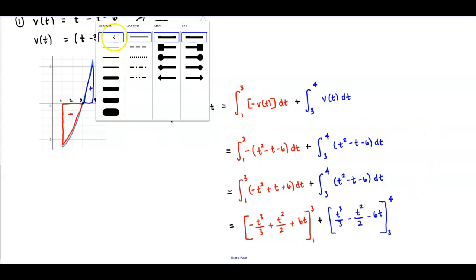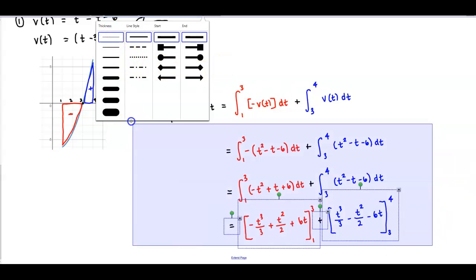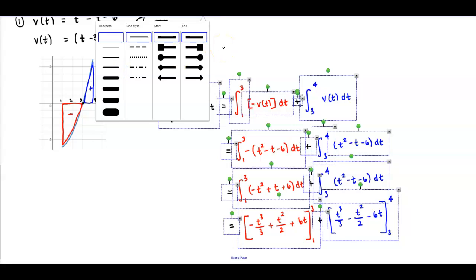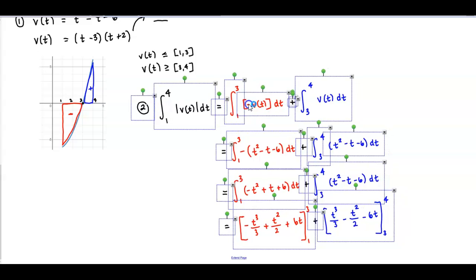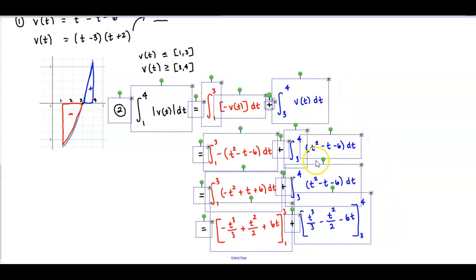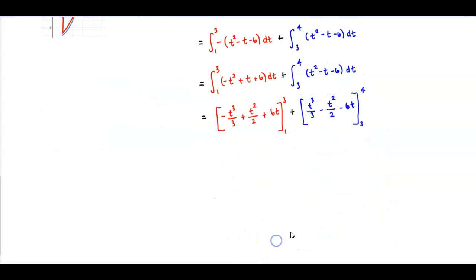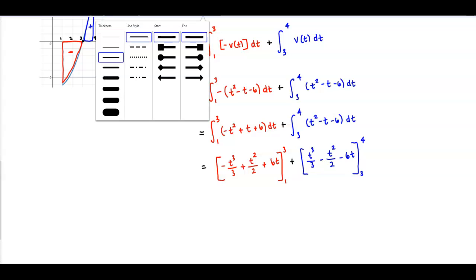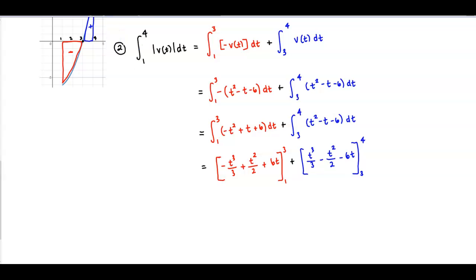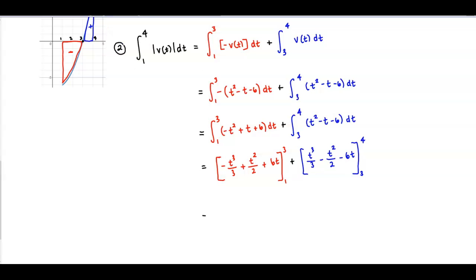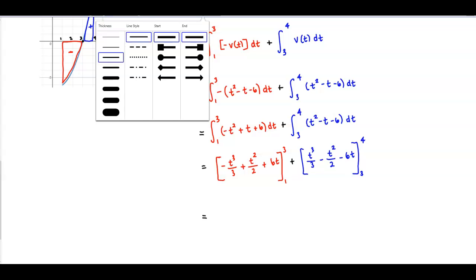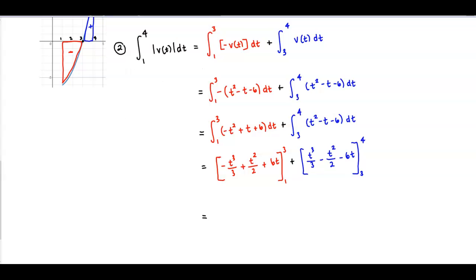Let me make just a little bit of room here. I'm going to move this over just a tiny bit. So what do we have here? Well, our first one is represented by the integral that goes from 1 to 3.